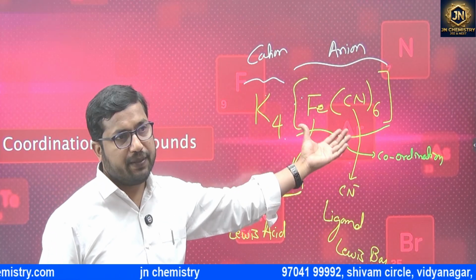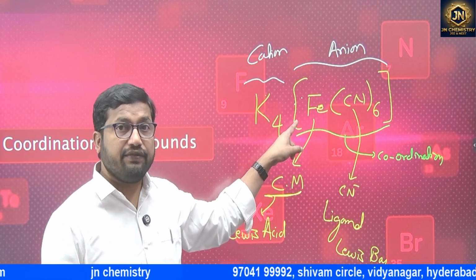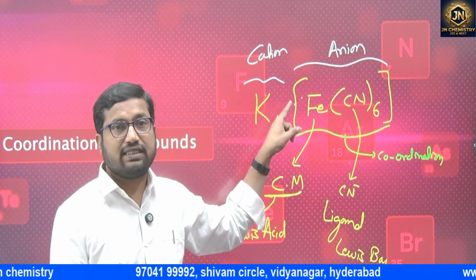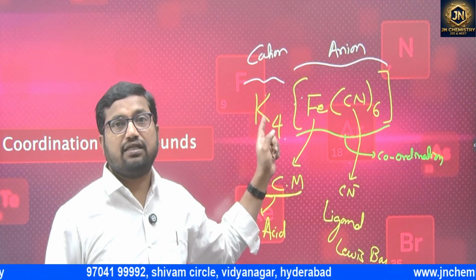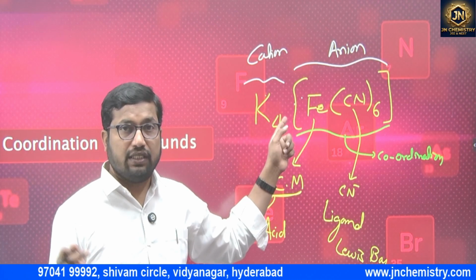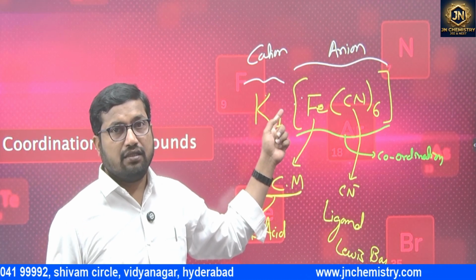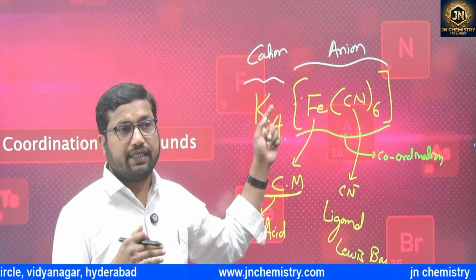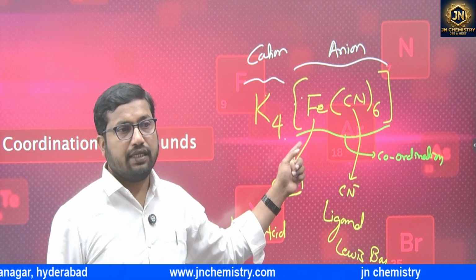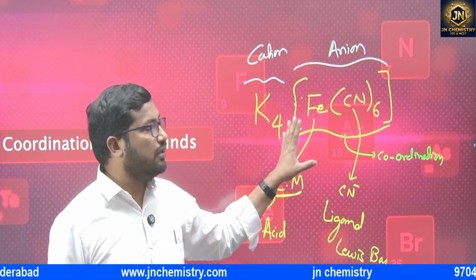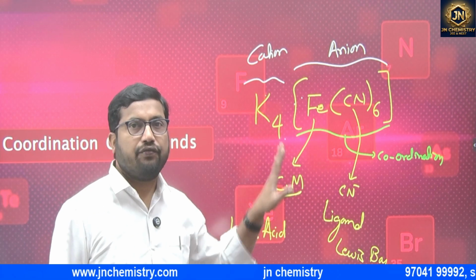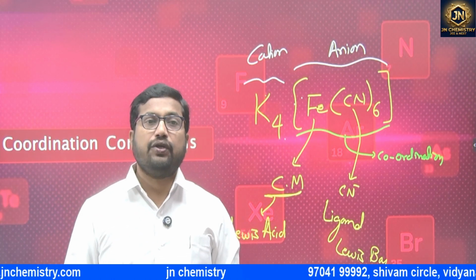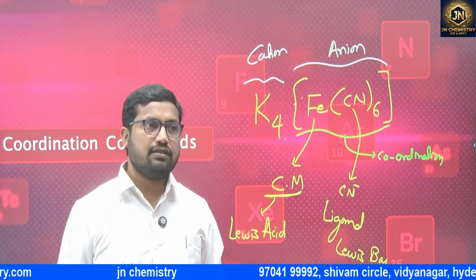Once we name it, we get the oxidation state. We can write the VBT: how many electrons are present, its hybridization, its structure, which color it is, whether diamagnetic or paramagnetic, and how the d orbitals split in octahedral and tetrahedral complexes. There are lots of things, but to master coordination chemistry you need to master the ligands.